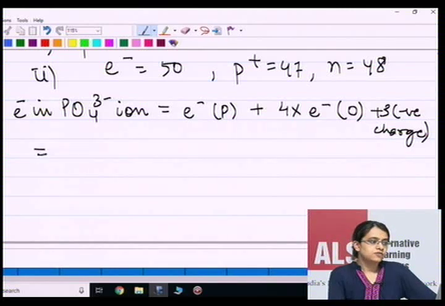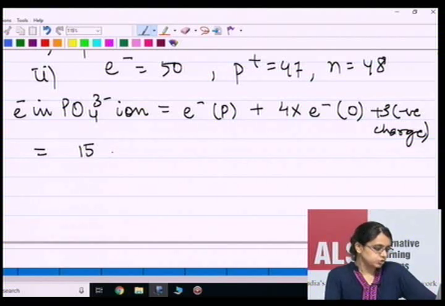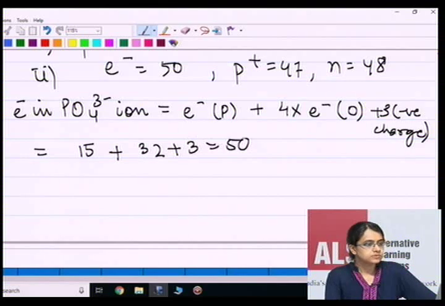Okay. Now for phosphorus, the atomic number is 15. So you're going to have 15 here, the number of protons. For oxygen, you're going to have 8 into 4 gives you 32, plus 3 comes out to be 50.